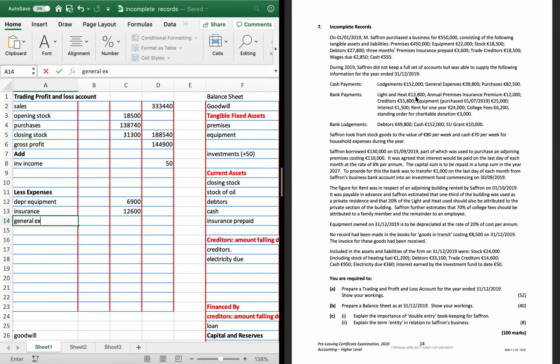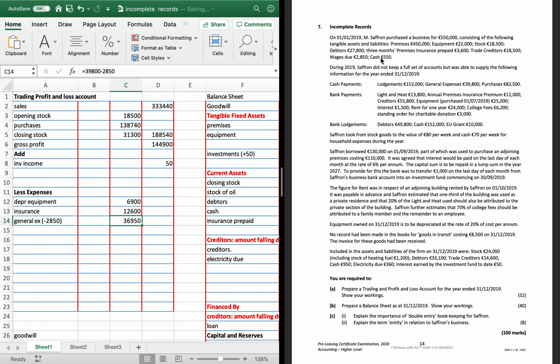Just check that, make sure there was no wages here yet. So that is minus 2,850 here. So the general expenses is 39,800 minus the 2,850, which is 36,950. So that's that one done.